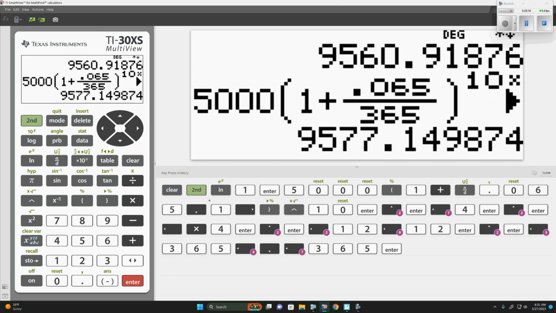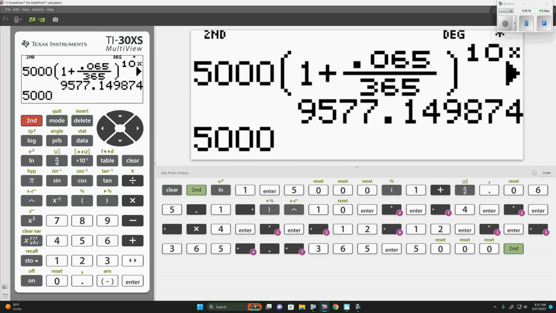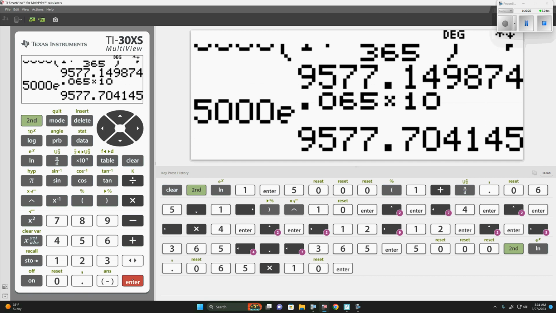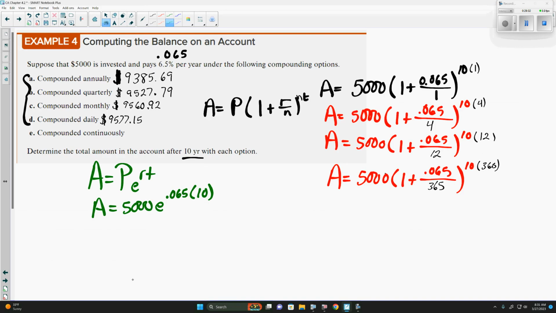We can say 5,000, second ln to get e, 0.065 times 10. Enter. $9,577.70. So continuous and daily are very close to the same amount.